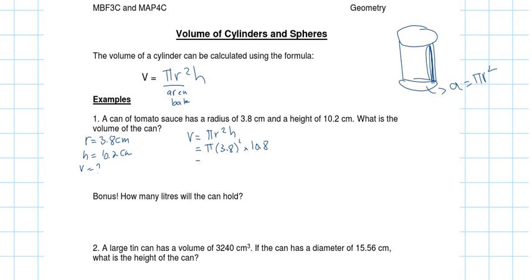And what would be your answer for this? 462.7. What is it, sorry? 462.7 centimeters squared. 462.7 centimeter cube. Oh, cube, sorry. Right? Cube.